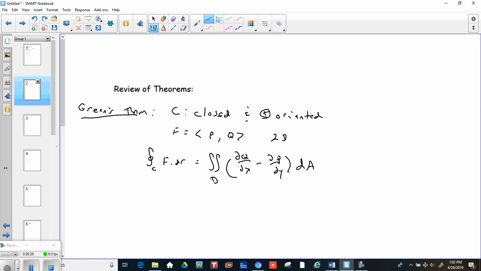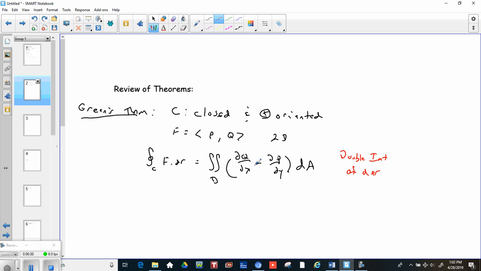So again, let's think about that. If we're going to take this idea and go backwards, what you're taking is a double integral of a derivative.